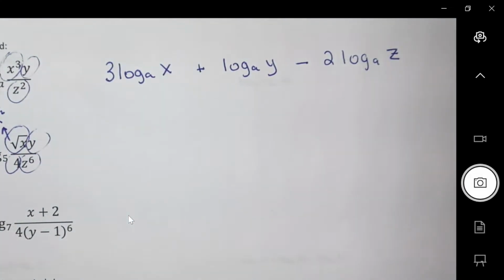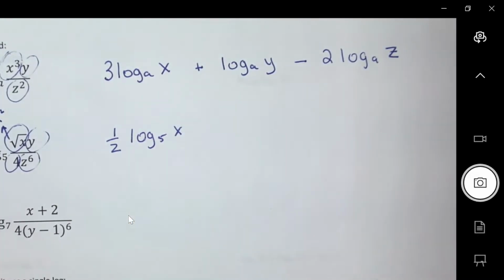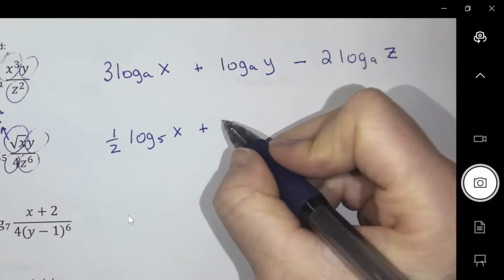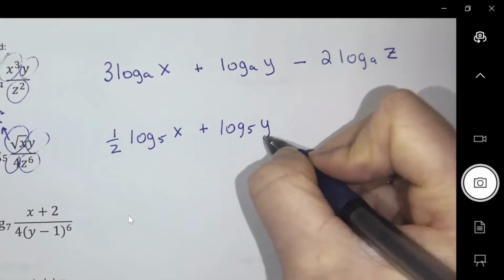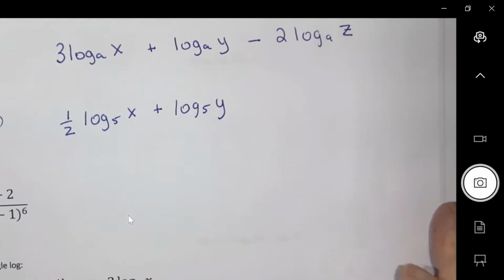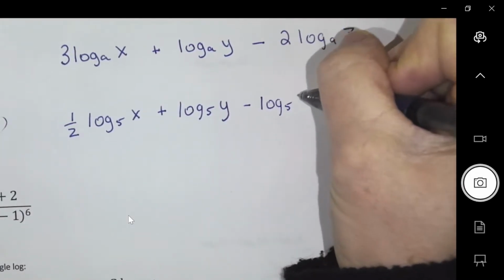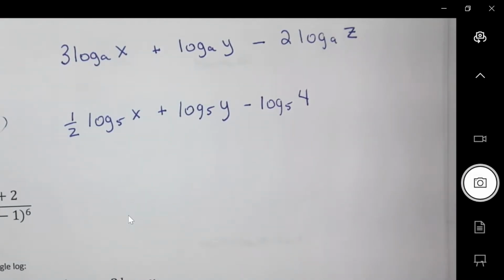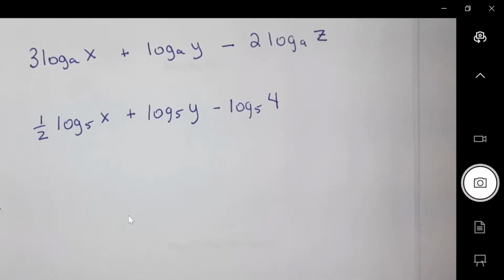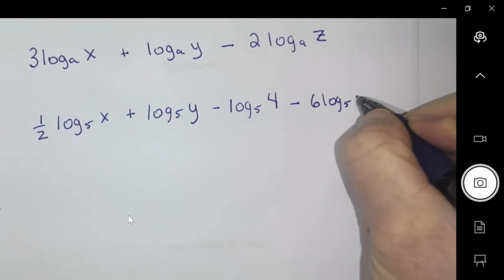Okay, so I'm going to go 1/2 log 5 x plus log 5 y minus log 4 and then I'm also going to be minusing 6 log 5 z.